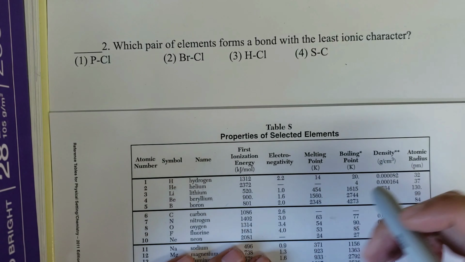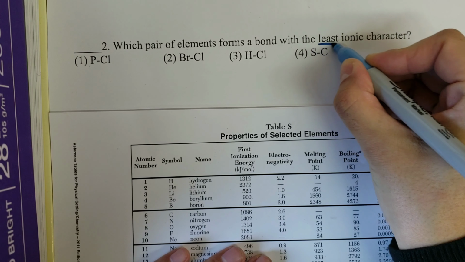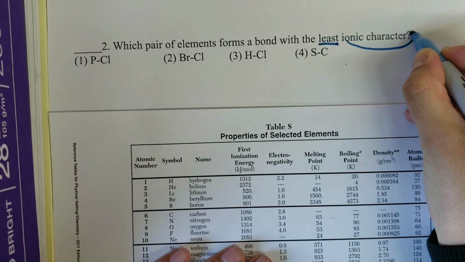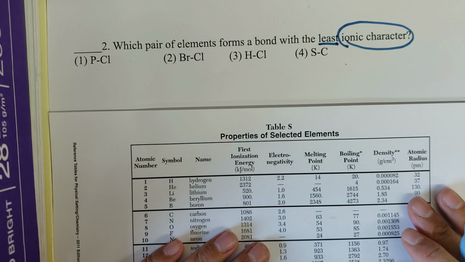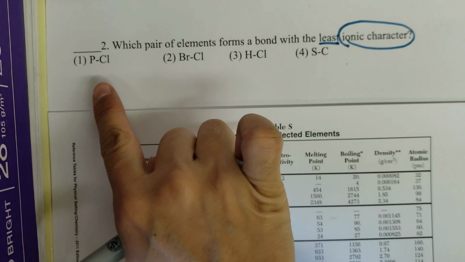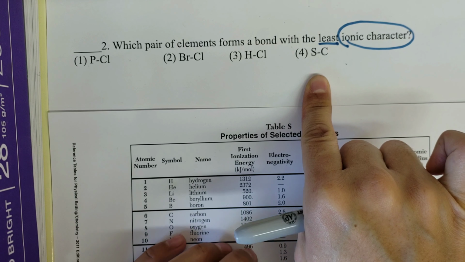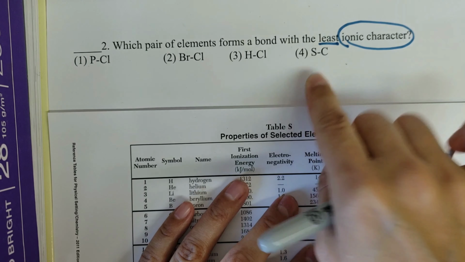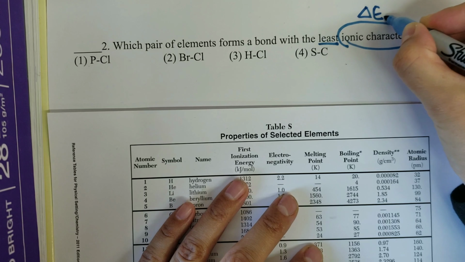In the next question, we are looking for which element has the least or lowest ionic character. When I look at my choices, all of the options are nonmetals bonded. They're all covalent. Ionic character is determined by the difference of electronegativity.